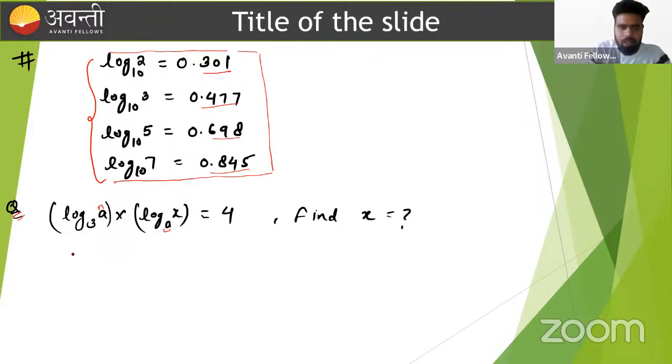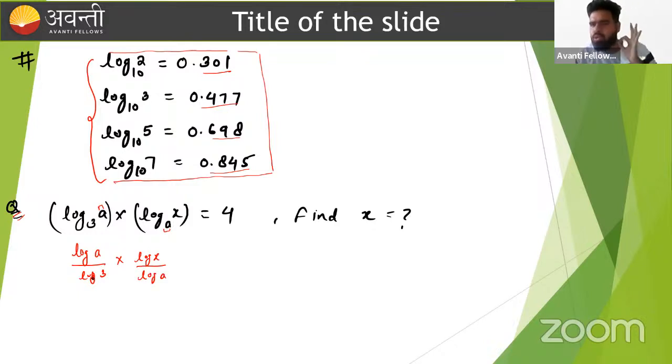See here, beta, we can say log a divided by log 3, on the basis of property number 5, times log x divided by log a. If we want to write the base here, we can choose any base, and this equals 4. I hope this is clear.